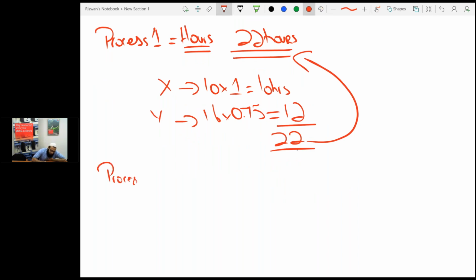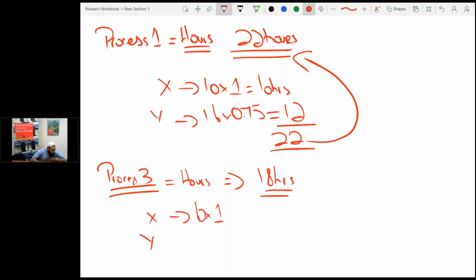Then process 3. First let's do process 3. How many hours are available for process 3? Hours are 18. X requires 1 hour of process 3, so for 10 units, it's 10 hours. Y requires 0.5 hours.